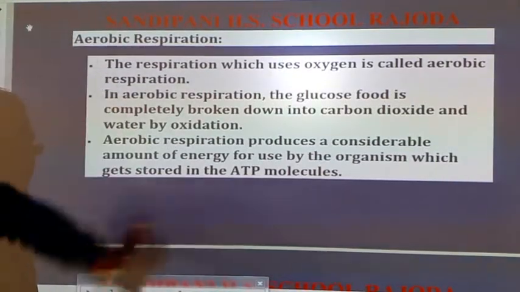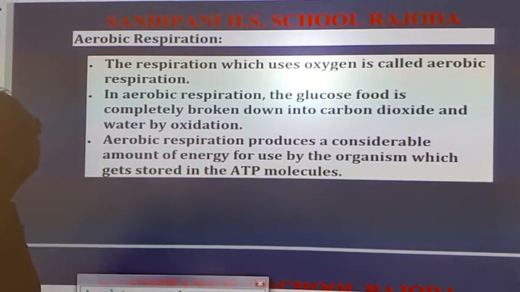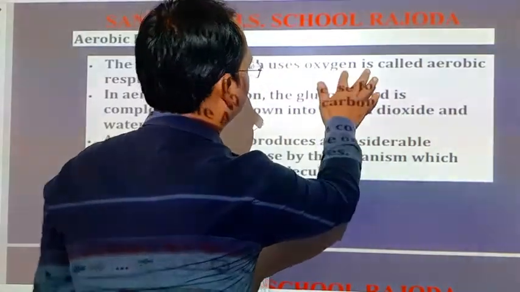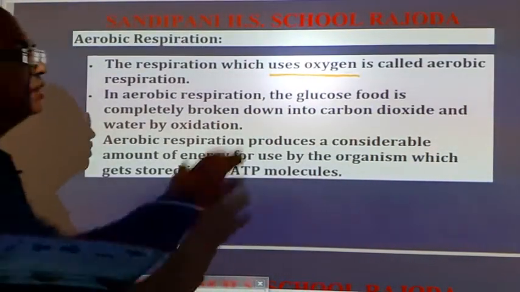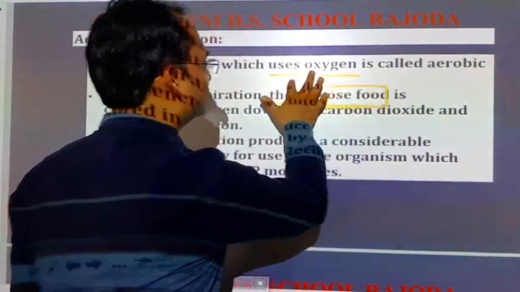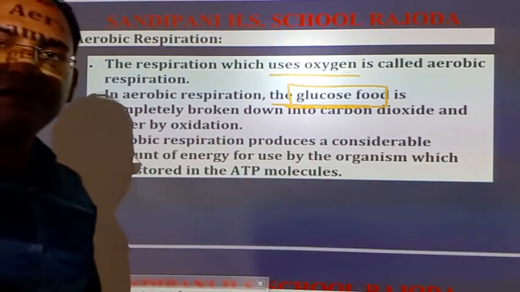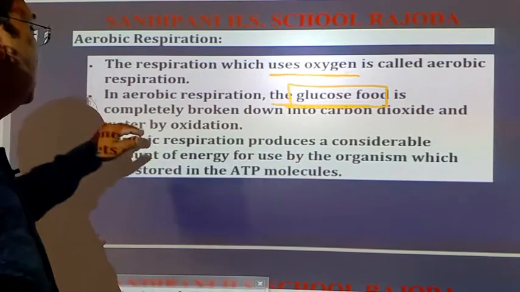In aerobic respiration, students, oxygen is used, that is why it is called aerobic respiration. In aerobic respiration, the glucose present in our food is oxidized and completely broken down into carbon dioxide and water.